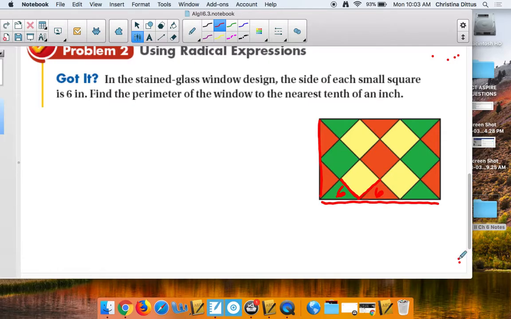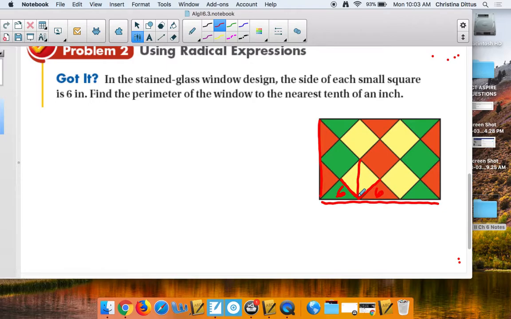I need to find how much cutting through it is, right? 6? I don't think so. What are the angles of a square? Like, what's this whole angle?